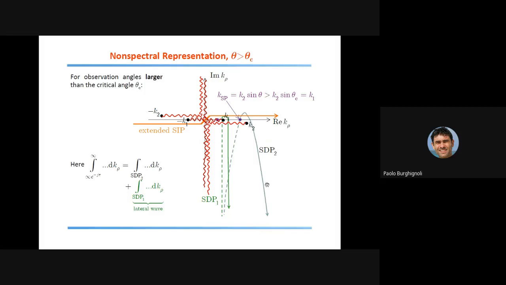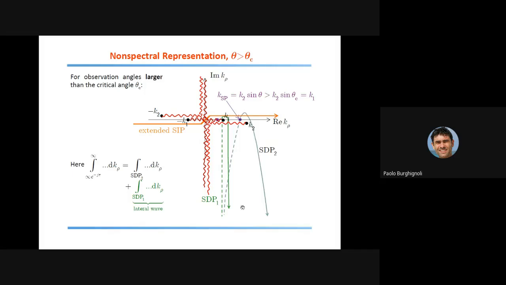This is because if you do not do that, then you are not able to close the path at infinity, that is, to deform continuously the integration contour from the original one, the orange one, to the gray one.